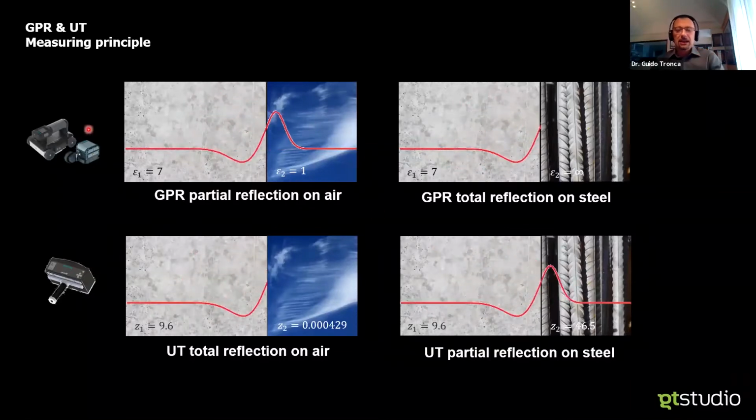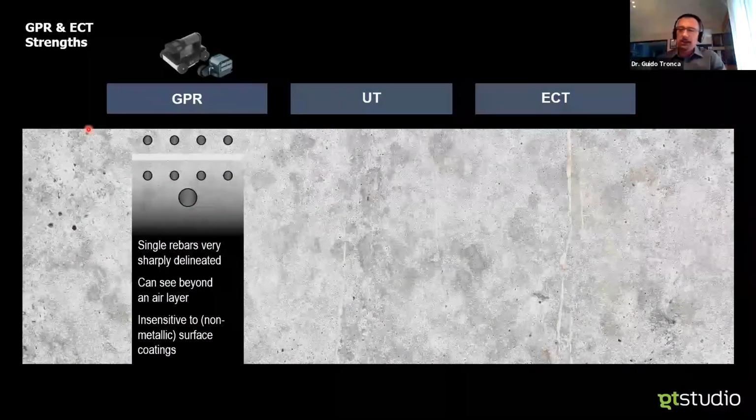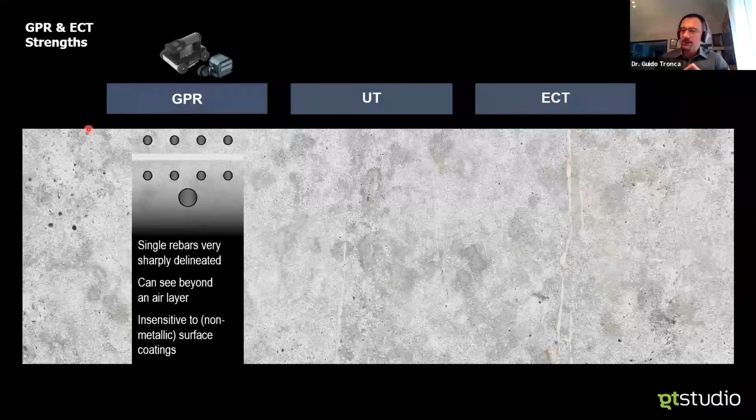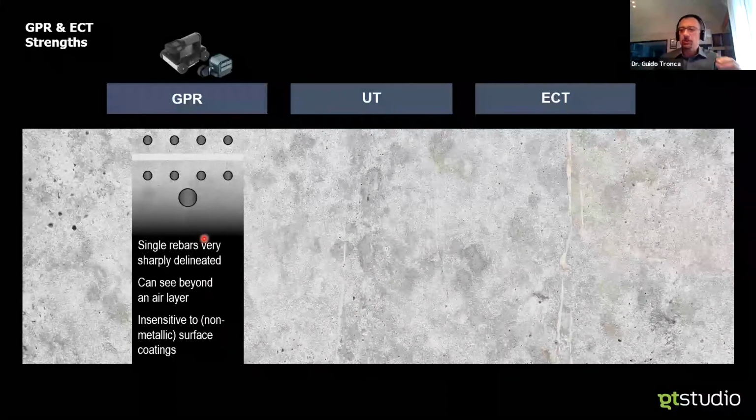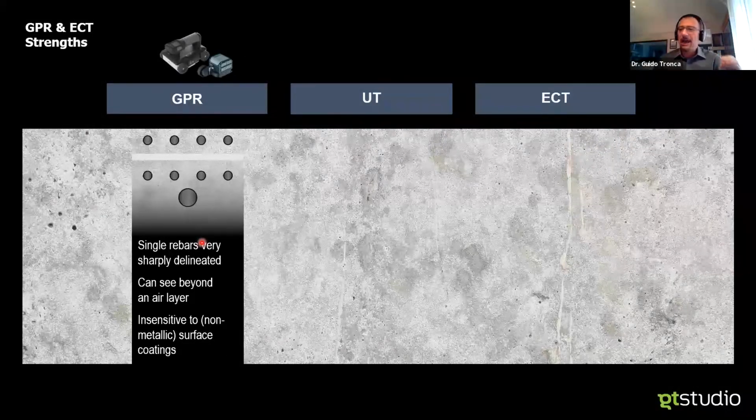So that brings us to the main differences between the two. Steel is the natural target for GPR. Hence, it will be extremely accurate in defining every steel object. Not only, but mainly steel.